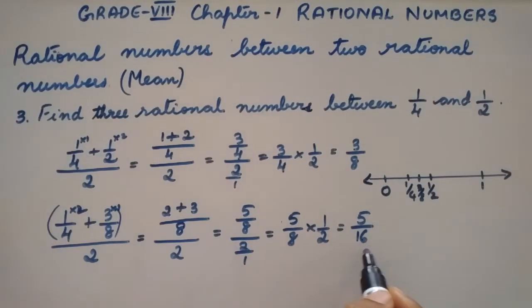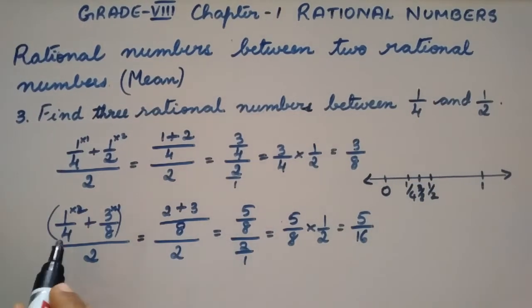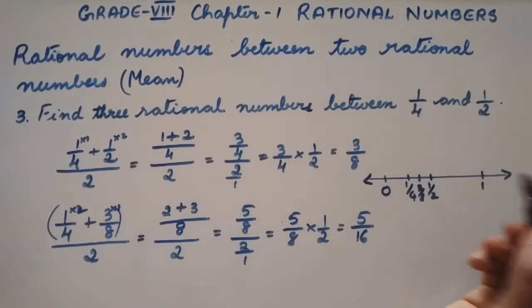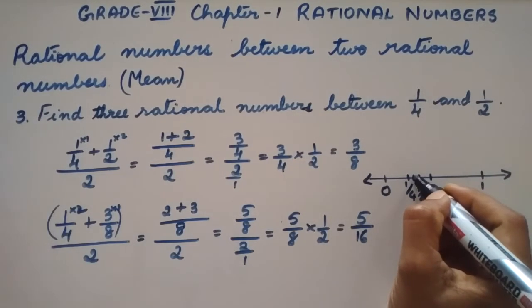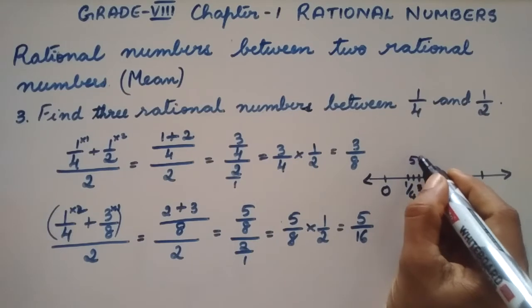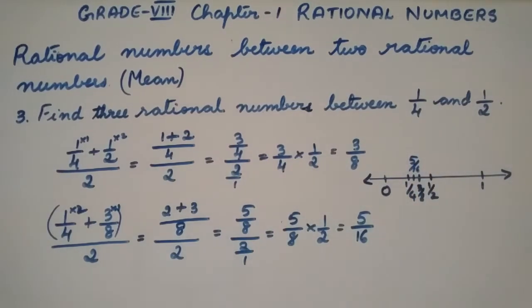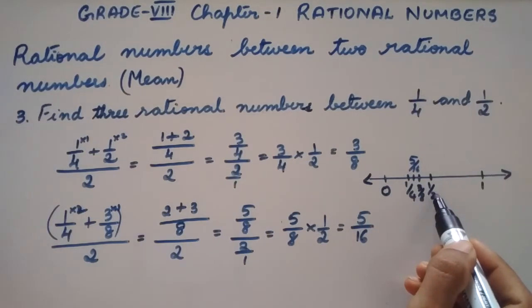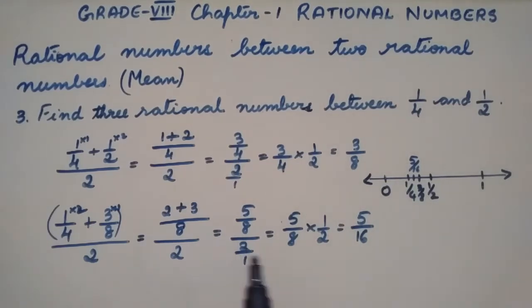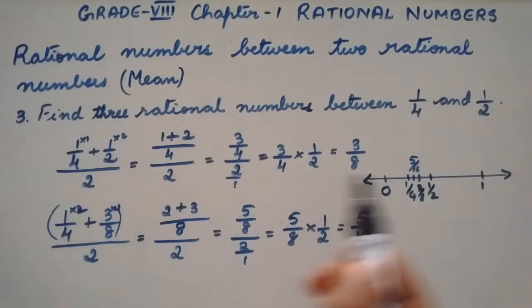So 5 by 16 lies between 1 by 4 and 3 by 8. So this is the position of 5 by 16. So this number lies between 1 by 4 and 1 by 2, that is between 1 by 4 and 3 by 8.